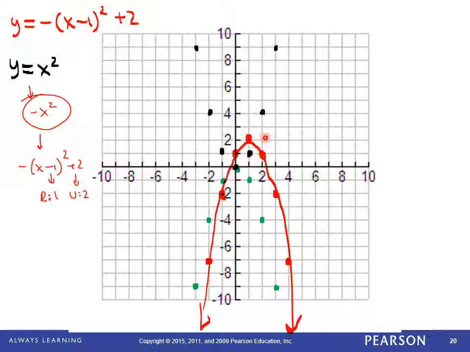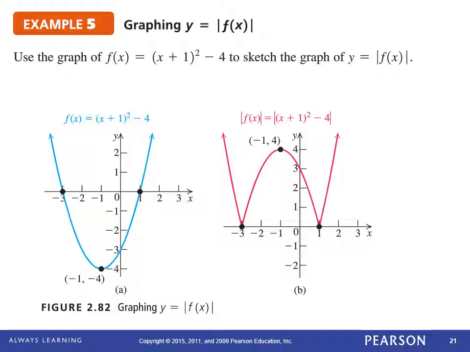Where is this stuff used? Maybe one single use for it: remember, distance can't be negative. There's no such thing. Distance always has to be a positive value. So this is maybe one use. We take our function, in this case x minus 1 squared minus 4, and what we do is take the absolute value of the function itself.